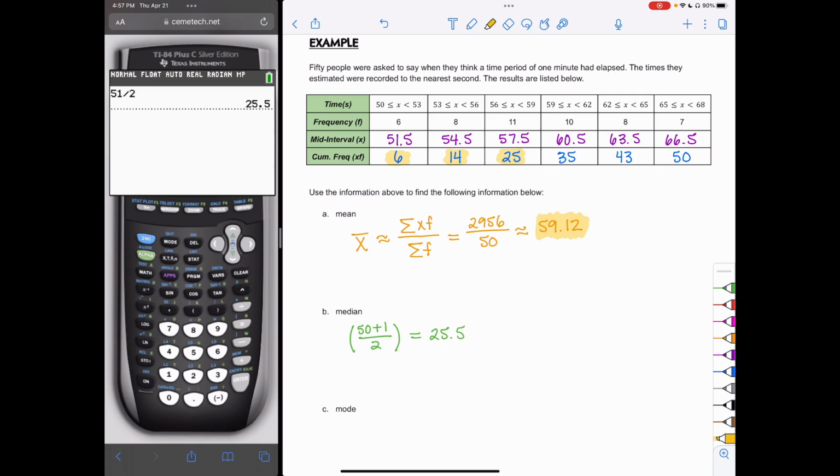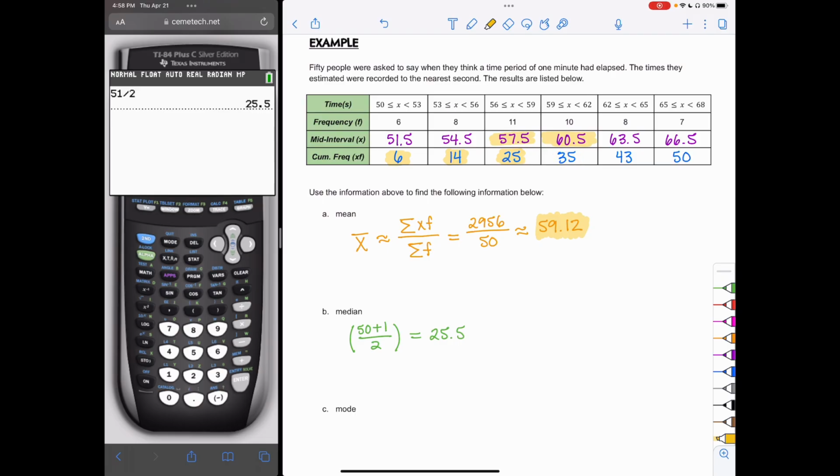So if the cumulative frequency for this class is 25, then I already know that the 26th term is going to lie in this range here. So basically, I need to find the halfway point between these two values, 57.5 and 60.5, since 25.5 is in between the 25th and the 26th term. Remember, the 26th term lies somewhere over here.